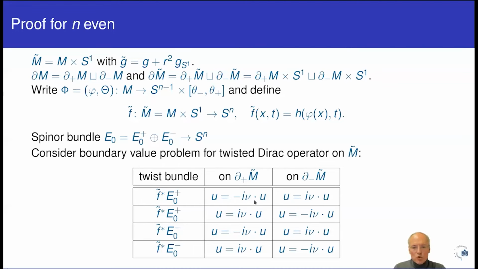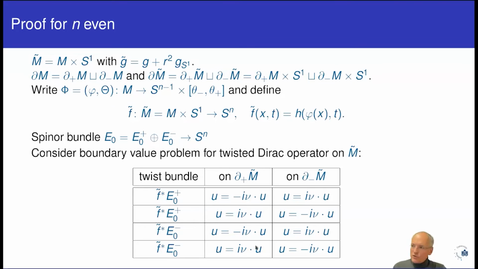And these 2 boundary conditions, for example, are adjoint to one another. So the indices that I obtain by twisting with these bundles and these boundary conditions will be negatives of each other.